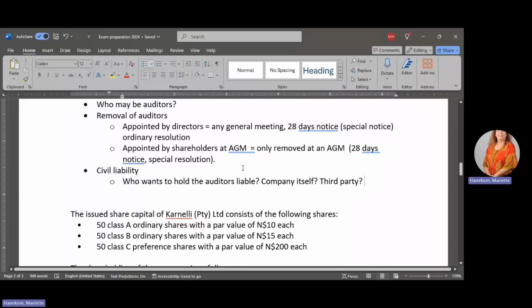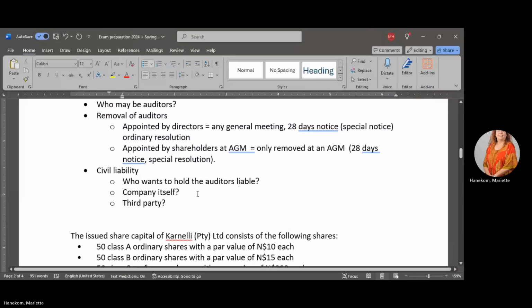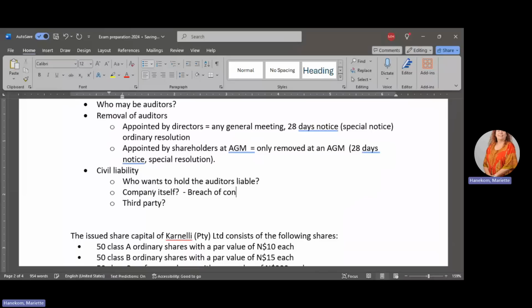If it's the company itself, they have two possible legal grounds, either breach of contract or the law of delict. If it's a third party, they can only make use of the law of delict.